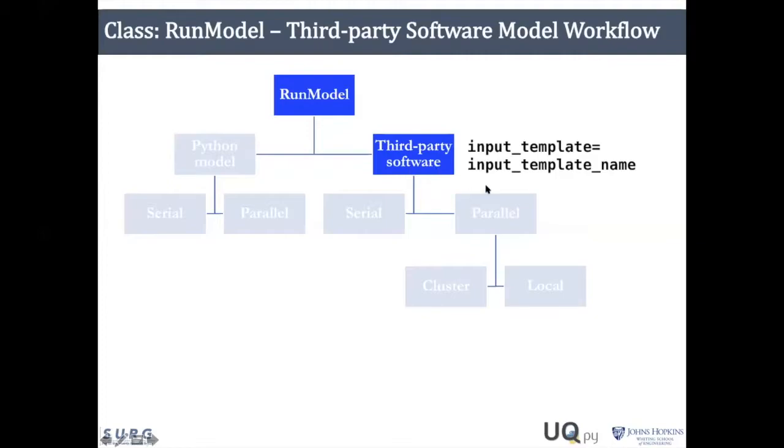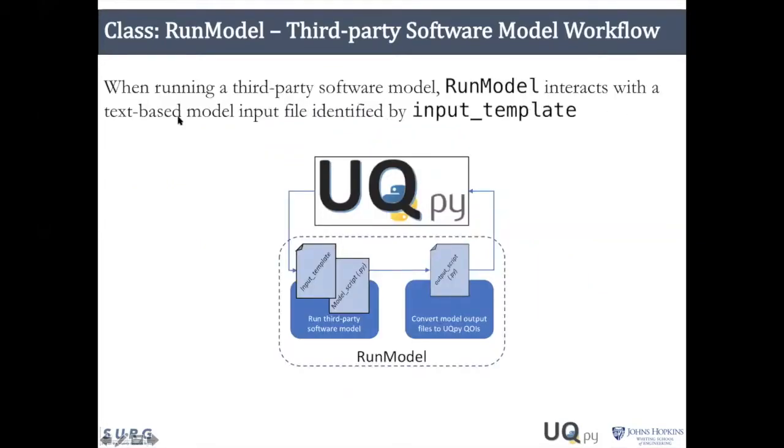This workflow is triggered by setting input template to the name of the template input file. RunModel interacts with a text-based input file identified by the name input template. It does not have to be a .txt, so it can have any extension.